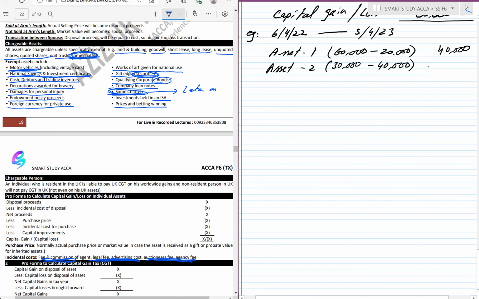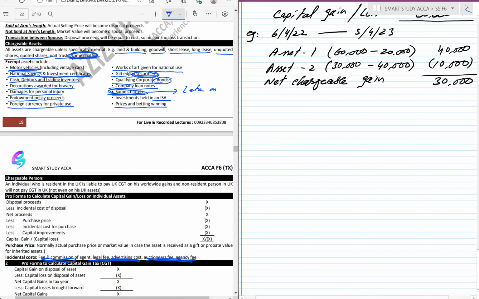So we have a loss of 10,000 pounds over here. So the net chargeable gain is 30,000 pounds.